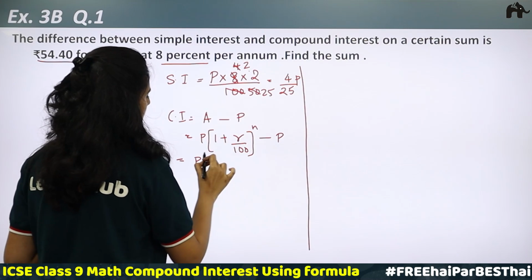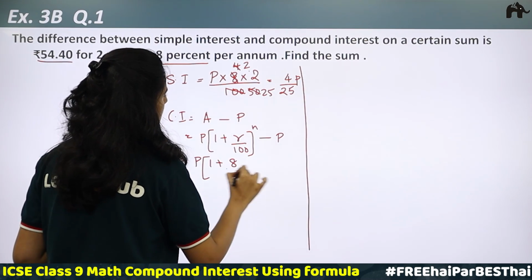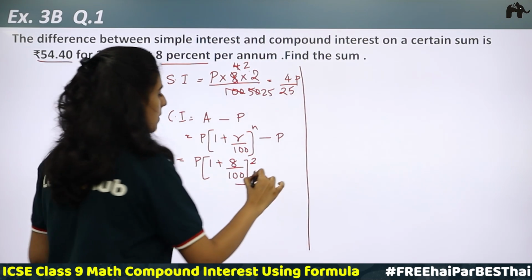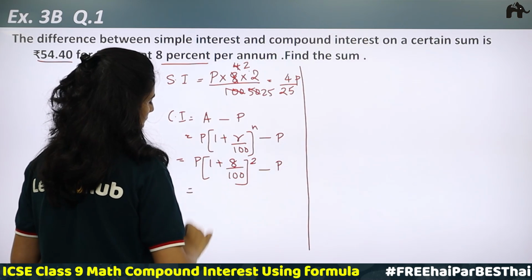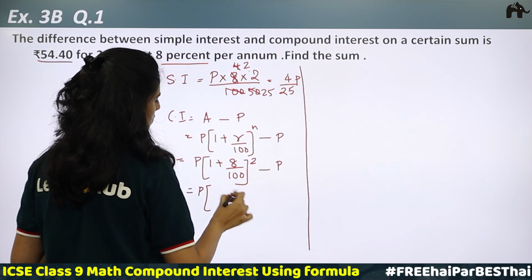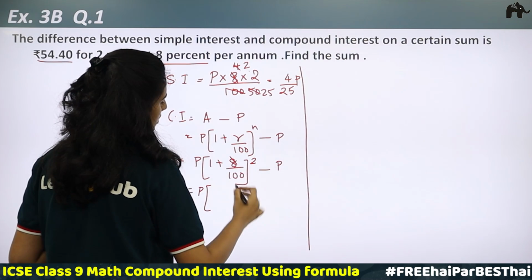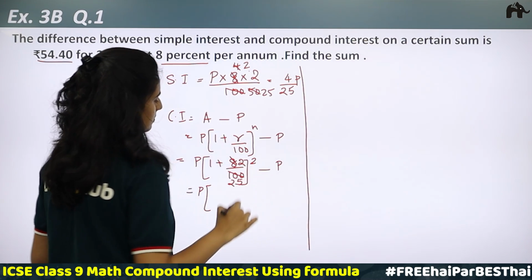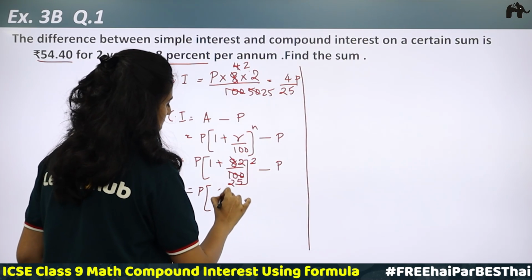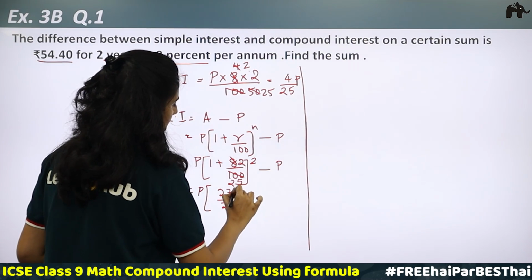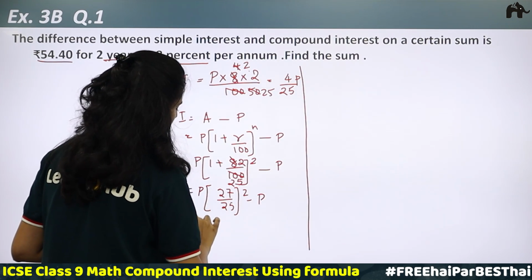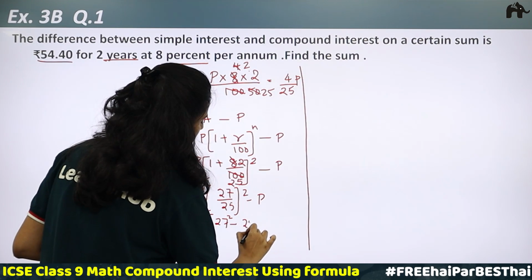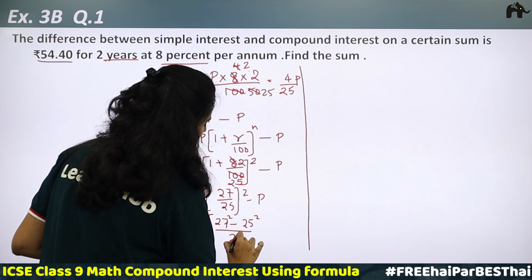That is P into (1 plus 8 divided by 100) whole raised to 2 minus P, which is equal to P into, cancelling, you get 2 here and 25 here. That is (25 plus 2, 27 divided by 25) whole square minus P, which is equal to P into (27 square minus 25 square) divided by 25 square.